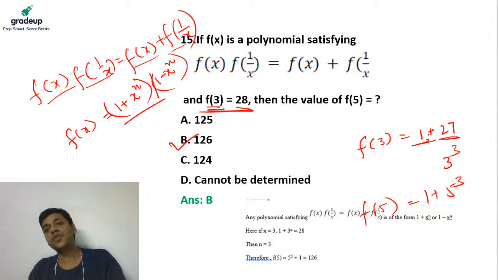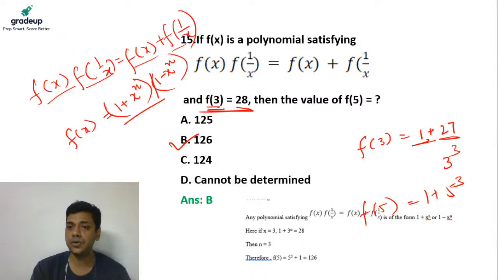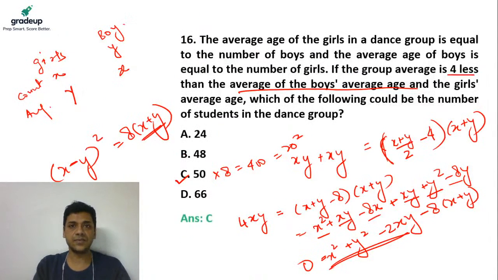And then I realize, okay, 27 is 3 cube. If 27 is 3 cube, my 1 plus f(x) is 1 plus x cube. Okay, move to the next one.